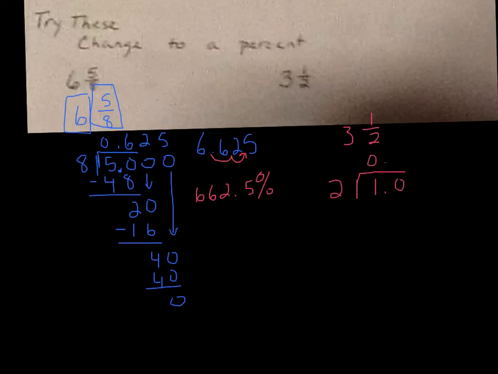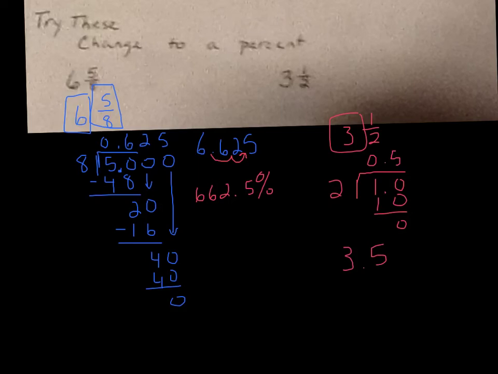Add a 0 there. 2 goes into 10 5 times. And you have no remainder, so there's 0.5. Okay, so hopefully you knew that 1/2, if you change it into a decimal, just right off the top of your head, you should know 1/2 equals 0.5, right? Okay, now writing that as a decimal with our whole number before it, we get 3 and 5/10, or 3.5.